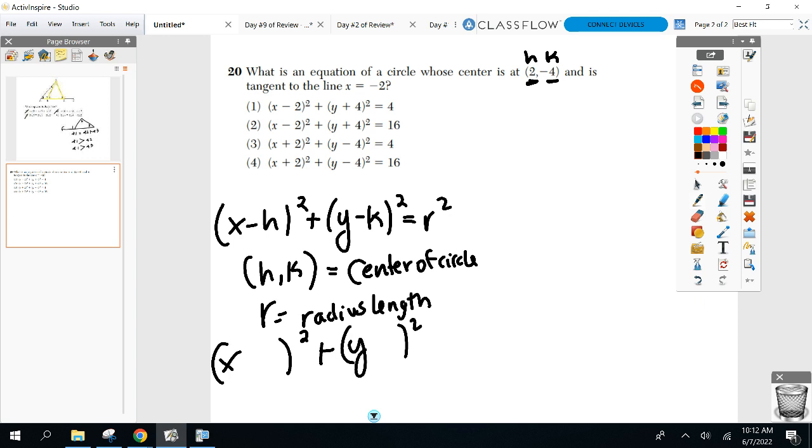So what should go in the parentheses now? x - 2. But now be careful. Now you're going to plug in a negative number. So what's going to happen here? y + 4. All right. So now we got to get to the r value. So let's see. Can I eliminate a couple? Yep. 3 and 4 are gone. So now it's just a matter of, do I pick 4 or 16, right? All right.